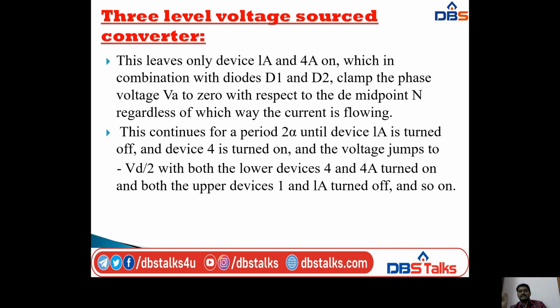This leaves only devices 1A and 4A on, which in combination with the clamping diodes D1 and D2 clamp the phase voltage VA to 0 with respect to the DC midpoint N. I already said that in the second waveform only one device is turned on. This leaves only devices 1A and 4A on in both cases, positive and negative.